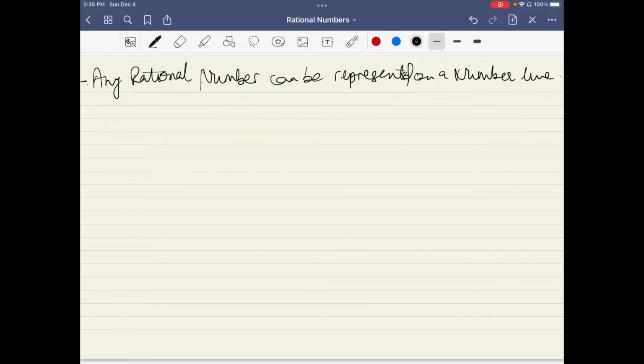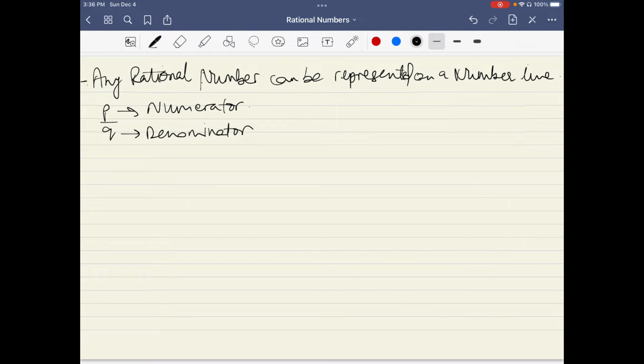Okay, so now what do we see? We see that any rational number can be represented on a number line. Now let's look at the rational number p/q. For any rational number p/q, where p and q are integers and q is not equal to 0, the number below the bar is called the denominator, and the number above the bar is called the numerator.